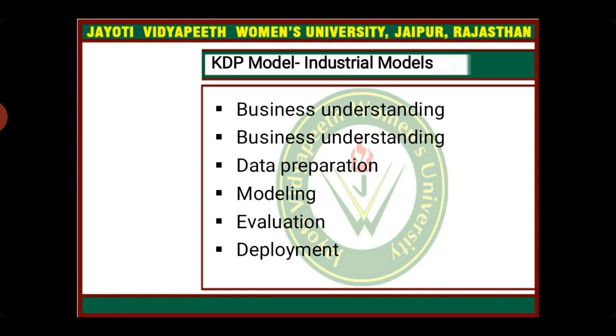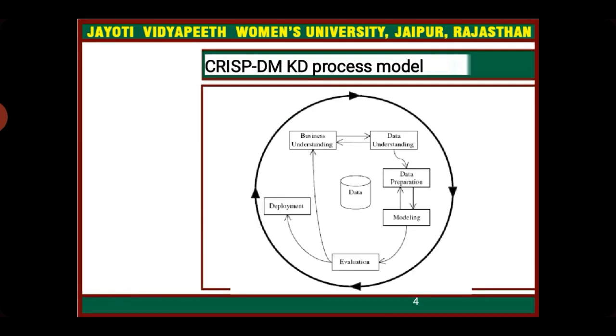In general, it is a very successful and extensively applied model, mainly due to its grounding in practical, industrial, real-world knowledge discovery experience. The CRISP-DM model has been used in domains such as medicine, engineering, marketing, and sales. It is also incorporated into a commercial knowledge discovery system called Clementine.